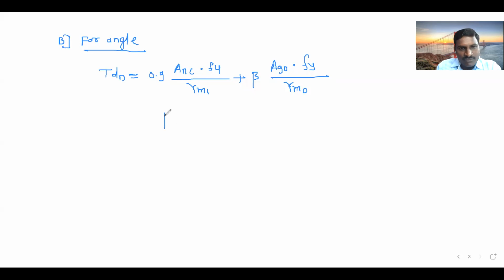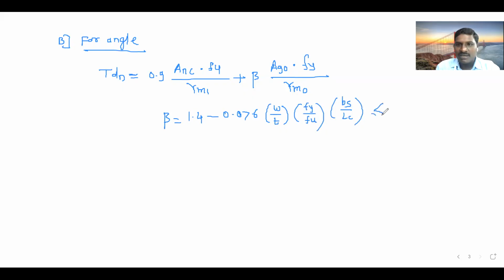So now the value of beta is here. Beta is equal to 1.4 minus 0.076 into W by T into Fy divided by Fu into Bs divided by Lc.